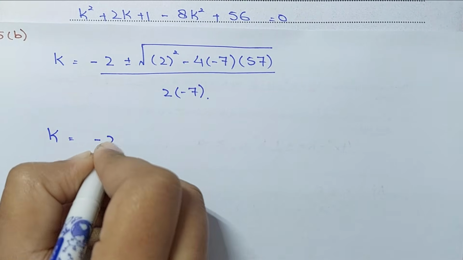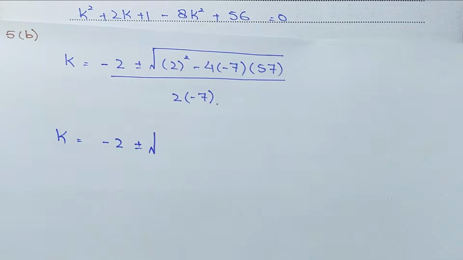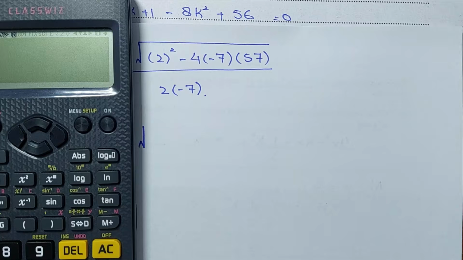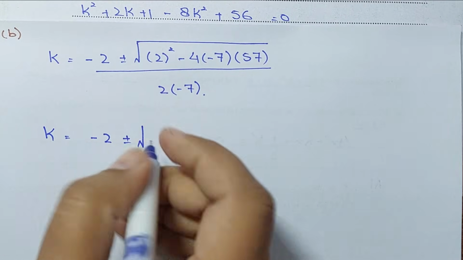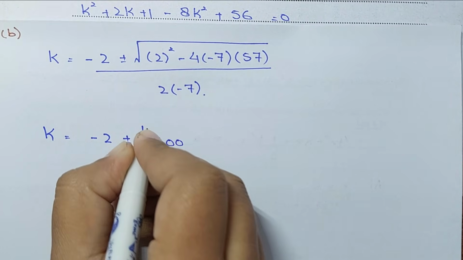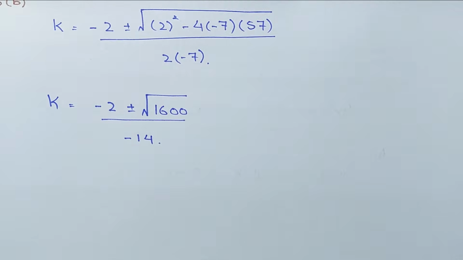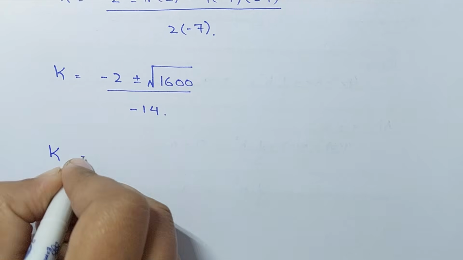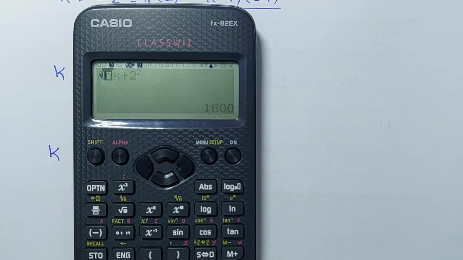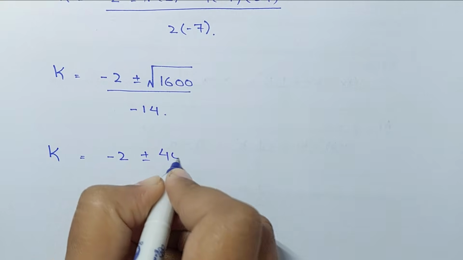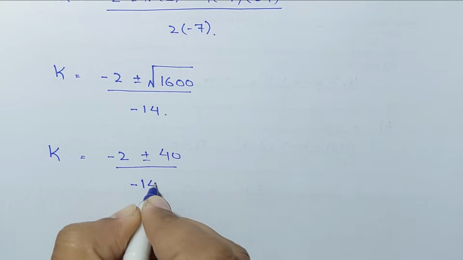K equals minus 2 plus minus square root, minus 4 into minus 7 into 57 plus 2 square, which is 1600. 2 times 7 is 14, so negative of 14 with a negative sign, right? So k is, what is the root of 1600? 40 is the root. Minus 2 plus minus 40 divided by negative 14.